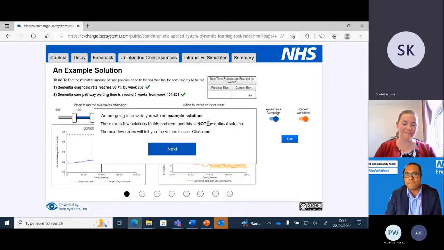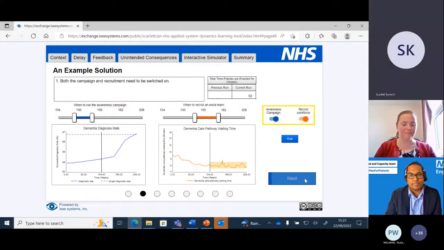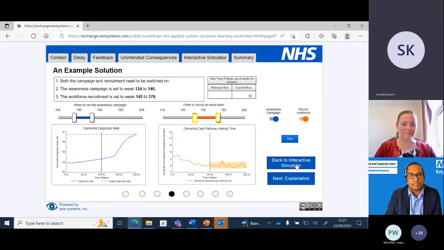In our case there was, because we fixed that 124, but you could move that along, and that would impact what your recruit for extra workforce is going to be at, like you said, with the delay. So I will just skip over this because that just gives the very brief solution that I just gave.